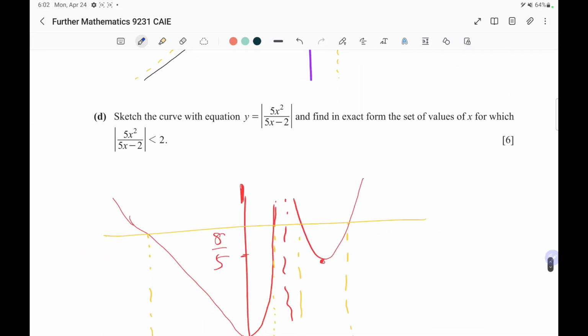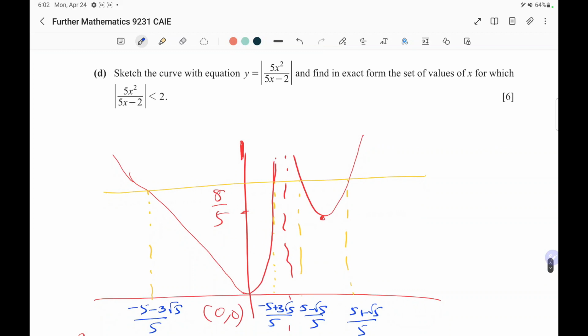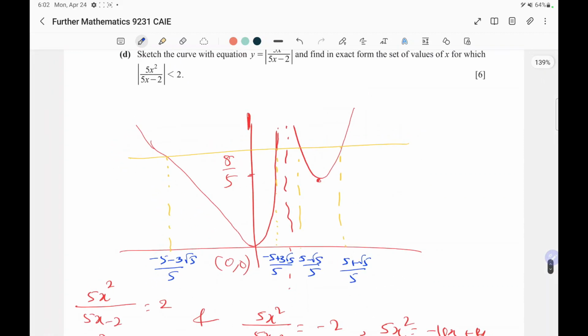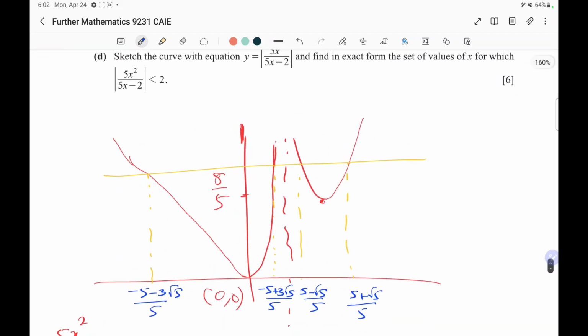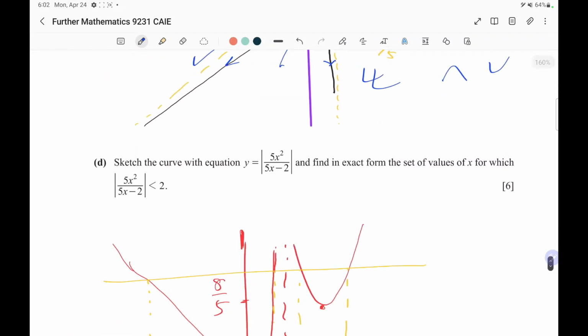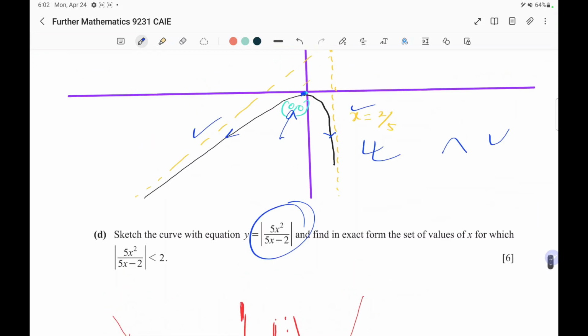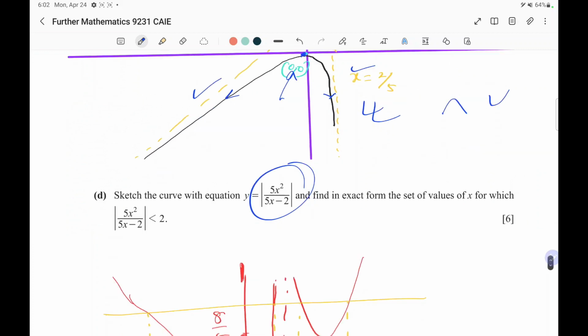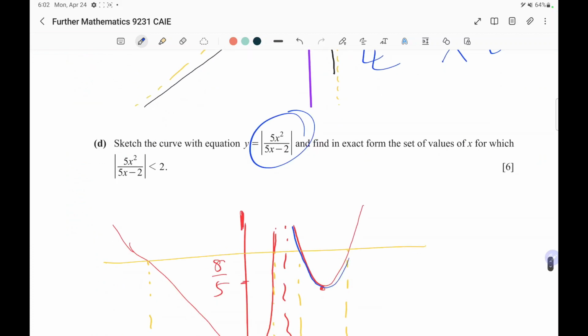Sketch it. Now I sketch the curve with the modulus. I have already drawn here something, but okay, let me explain this. Mod, right? So mod positive is positive, so this part you can see here.